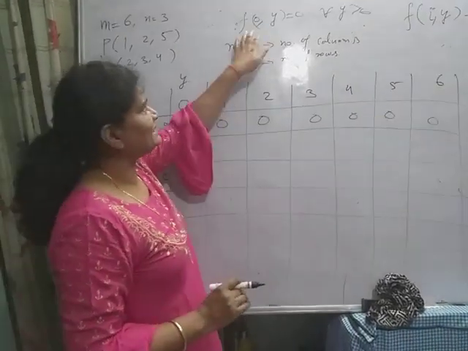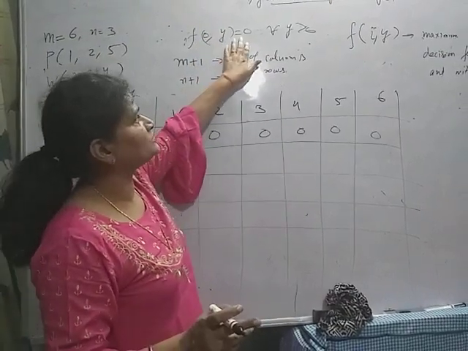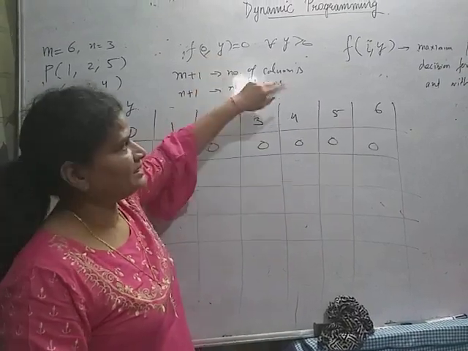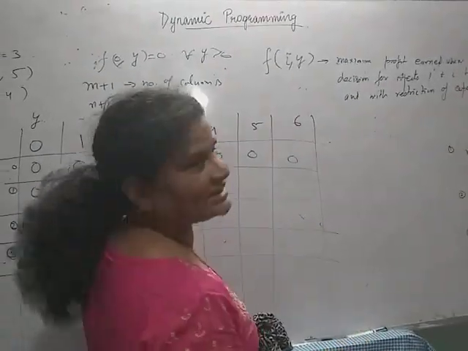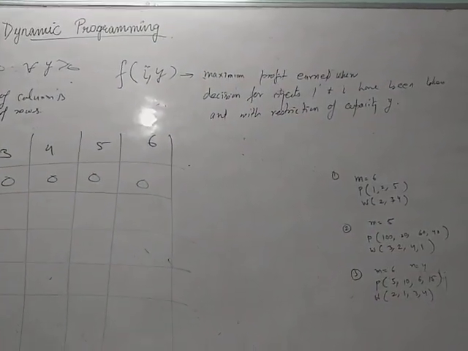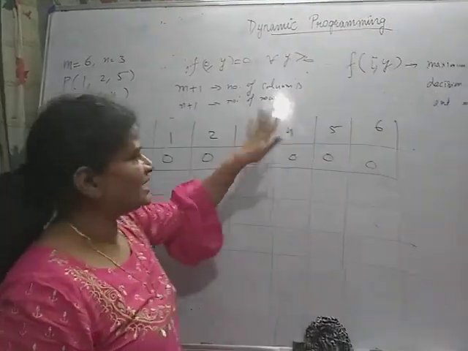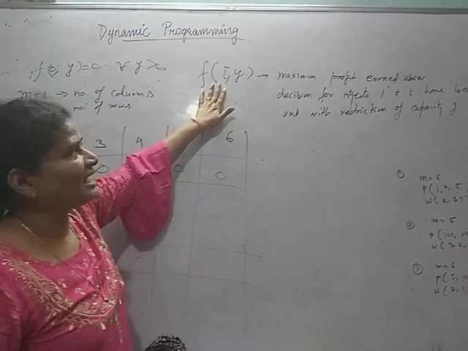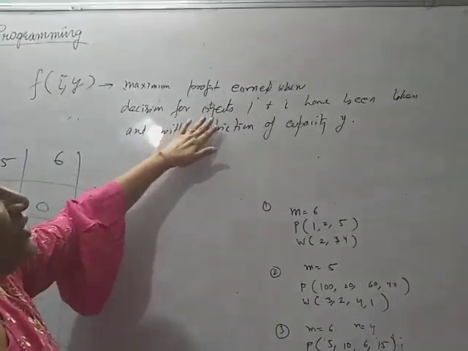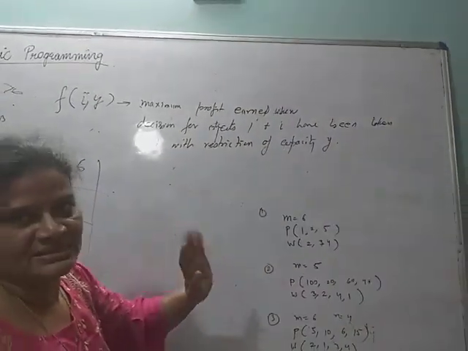Now F0 y equal to 0 is our base condition for the recurrence, for all y greater than 0. It simply says that I am not taking any decision yet. See carefully what each entry F i y gives: i is the row and y is the column. F i y gives the maximum profit earned when the decision for objects 1 to i has been taken with the restriction of capacity y.